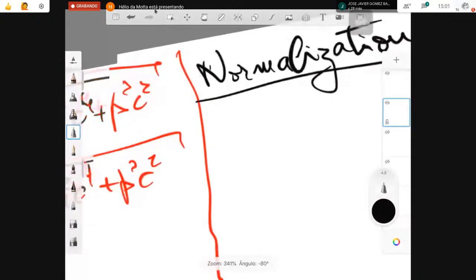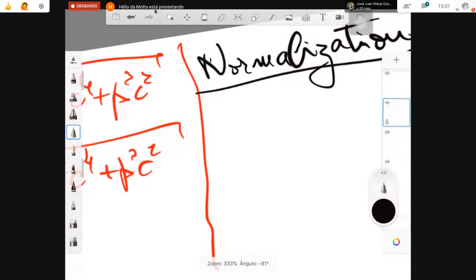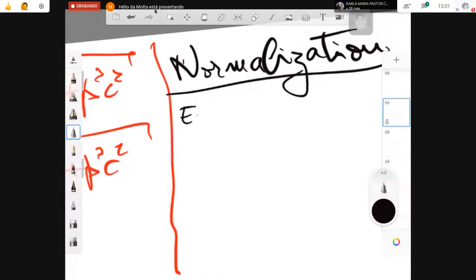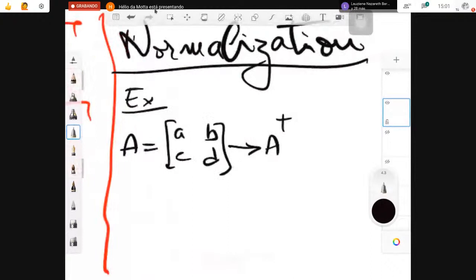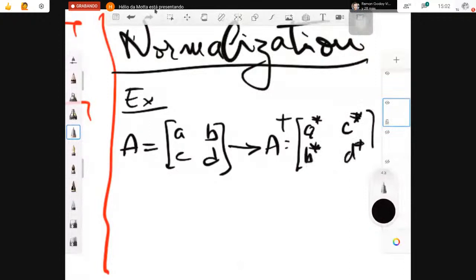Let's say I have a matrix A, B, C, and D. Then I define what we call A dagger. That's just the conjugate transpose.